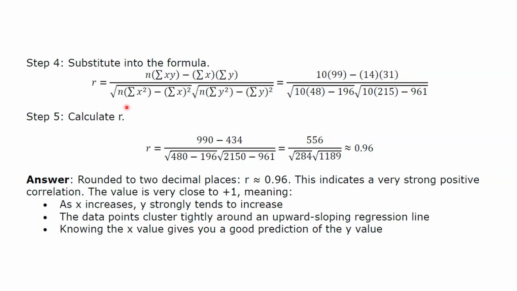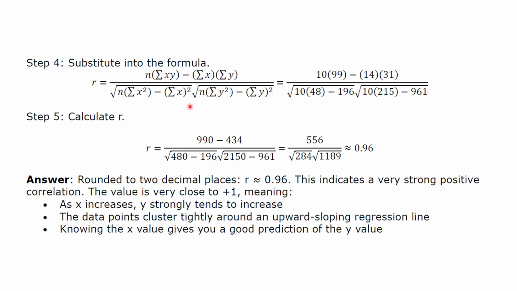For the denominator, we have the square root of two quantities multiplied together. The first quantity is n times the sum of x squared minus the square of the sum of x.